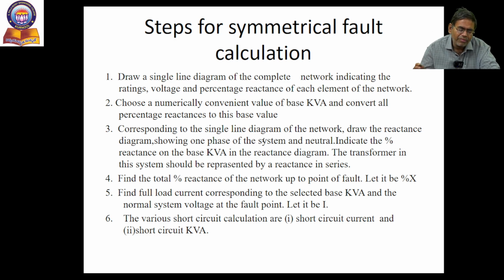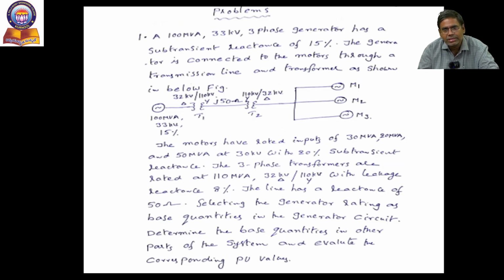Finally, calculate the total percentage reactance from the generator neutral to the fault point, that is percentage X, and calculate the full load current from the selected base kVA and operating voltage, that is I. Then short circuit current is equal to full load current into 100 divided by percentage reactance, and short circuit kVA is equal to base kVA into 100 divided by percentage reactance.